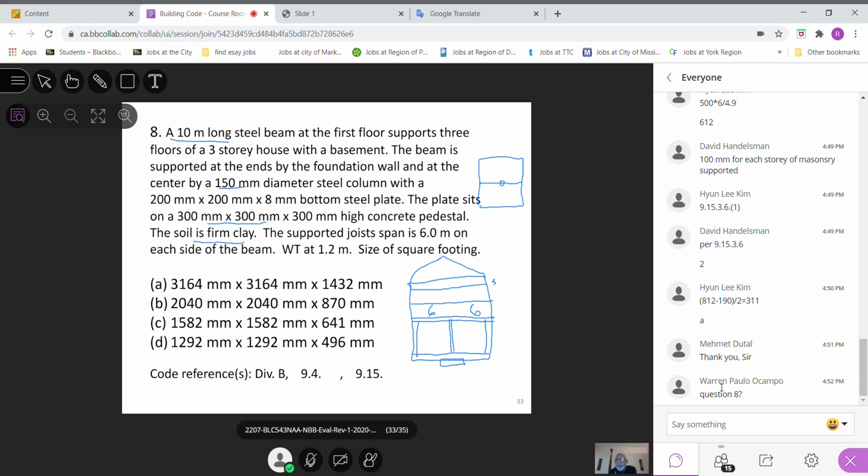And I have 5 meters from the foundation wall, 5 meters on the other side. And now my joist should be this way, 6 meters. Beam and column. This is my joist spacing here: 6 meters and 6, and the column spacing is 5.